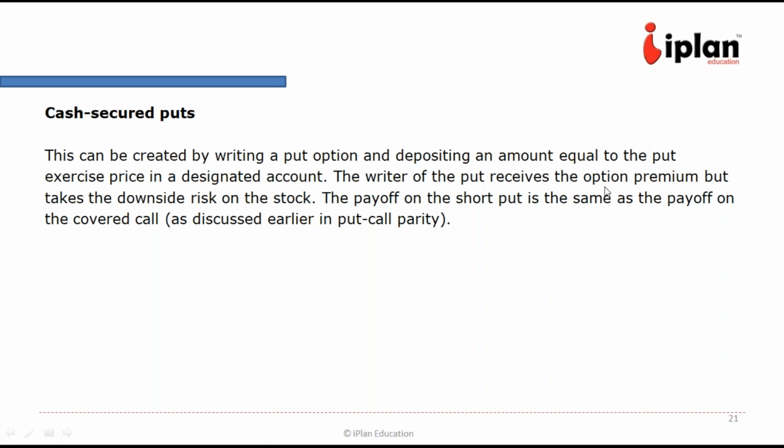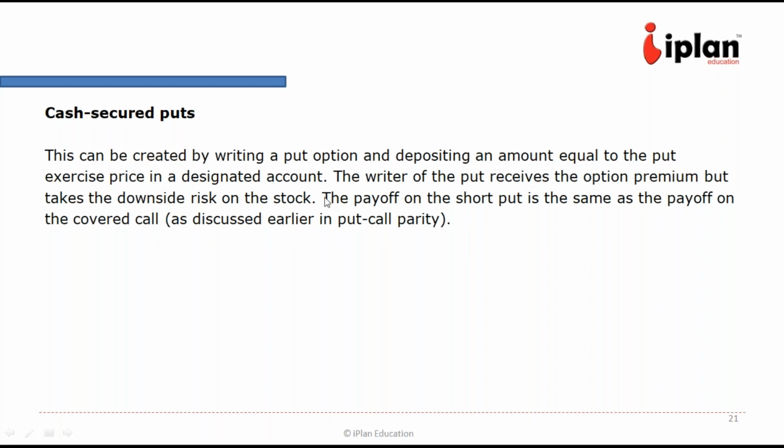The writer of the put receives the option premium, but takes the downside risk on the stock. So the payoff on this short put is the same as the payoff on the covered call as discussed earlier in the put call parity.